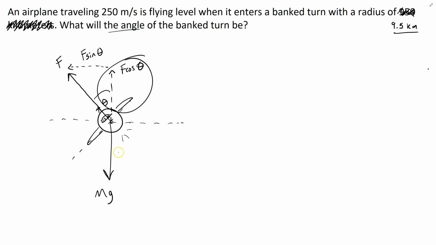Now, F cosine theta and mg are equal to each other, so F cosine theta equals mg. And F sine theta is our centripetal force, so F sine theta equals mv squared over r.